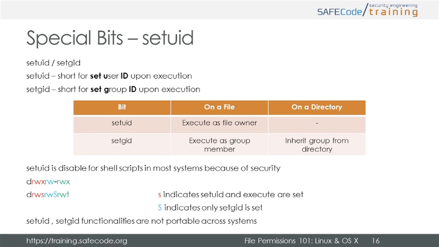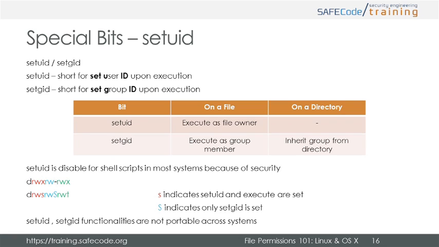So if an executable is owned by root, but run by user Dimitri, it will execute with root privileges. The SetUID bit in shell scripts turned out to be such a security nightmare that this bit is ignored for shell scripts in most Linux distros by default. This behavior can be modified, but it is highly recommended never to run a SetUID script.